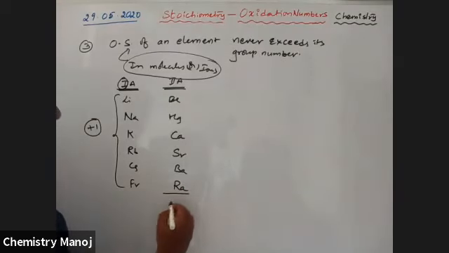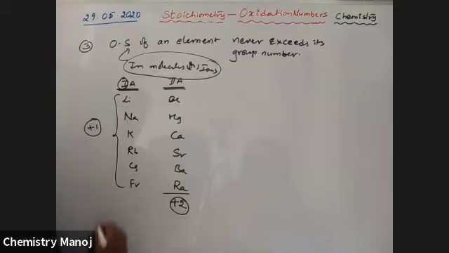For these elements, oxidation state is fixed to plus 2. Whenever magnesium is present in your compound, its oxidation state is plus 2. Magnesium, calcium, its value plus 2. Barium, its value plus 2. So all 2A group elements, their oxidation states are fixed to plus 2.